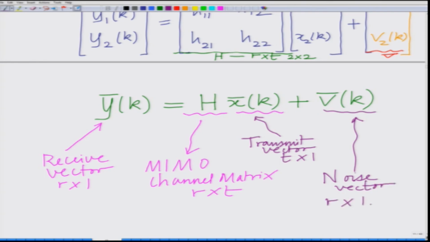So, we have the MIMO system model, which is Y bar k, that is the received symbol vector at time instant k, equal to H, that is the R cross T MIMO channel matrix, times X bar k, where X bar k is the transmitted symbol vector at time instant k, plus V bar k, which is the noise vector at time instant k.